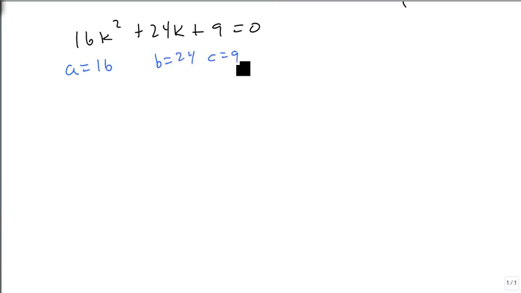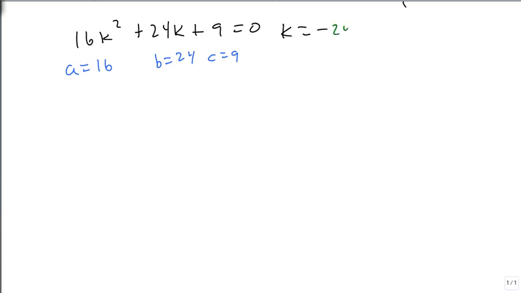Okay. The next one that we want to look at is suppose we have 16k squared plus 24k plus 9 equals 0. Well, here a is 16, b is 24, and c is 9. So we start by jumping straight into the formula.